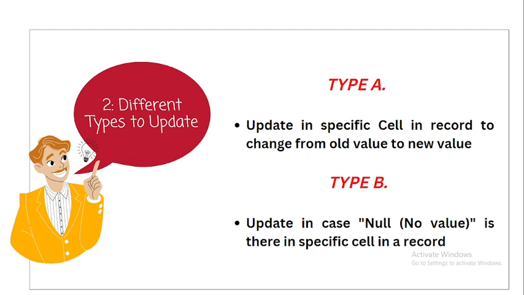Now let's discuss type B. In this, we are going to update the value for a particular column where the value was not kept, or we also call it null. Now when to use null? Null is basically used when we don't know the value for a particular column.